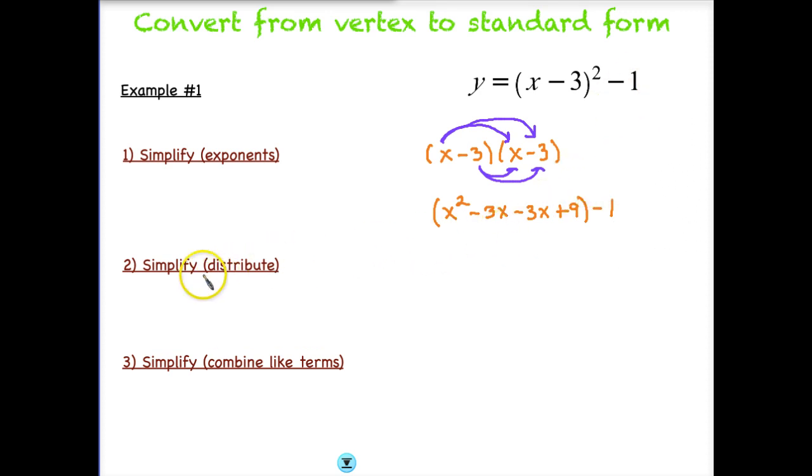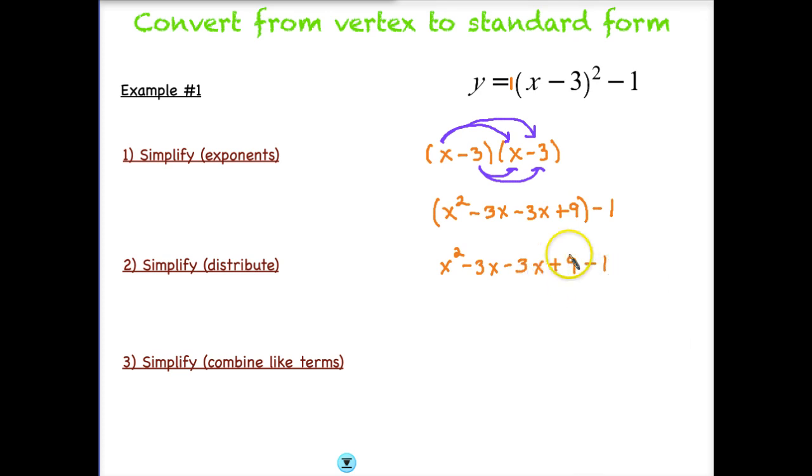So what I want to do now for step 2 is to distribute. Well, if I look in this situation, all I have to distribute is a 1 that was in front of the parentheses. So really, 1 times anything is just anything. So 1 times all this is just going to be x squared minus 3x plus 9 minus 1.